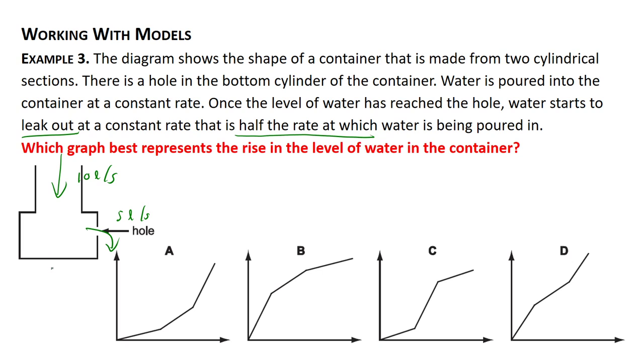So that means the water level will still rise because the rate at which we are filling the tank, in this case 10 liters per second, is still faster than the amount that is leaking out. Question: which graph best represents the rise in the level of water in the container?